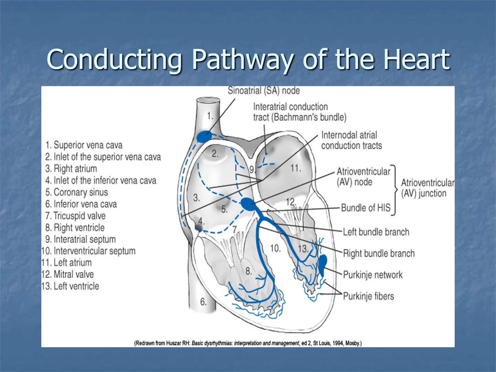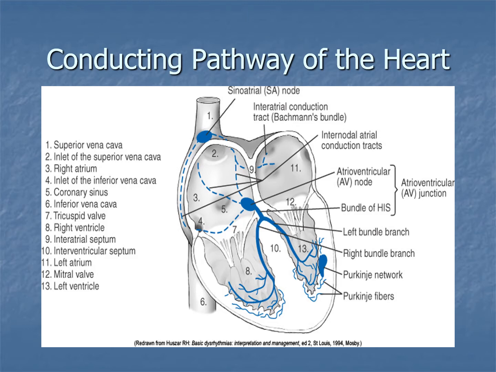And then if we move further beyond the AV node, it really is towards what's called the apex, and we think of the apex sometimes as being the top. It's actually the point of the heart, if you will, if there's such a thing, it's a crude point. But the point of the heart is actually downward. So this conducting pathway moves further downward, and it basically moves from the AV to the bundle of His, to the left and right bundle branches, all the way down to the Purkinje network and the Purkinje fibers.